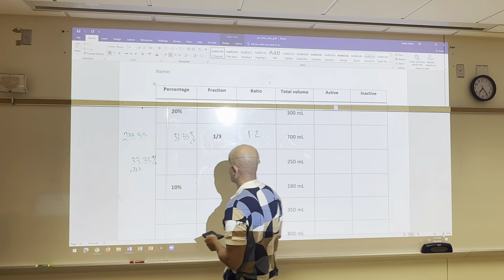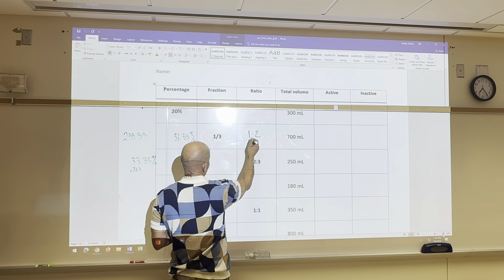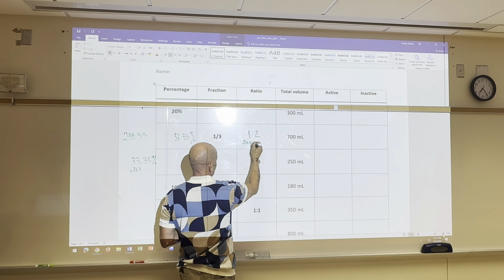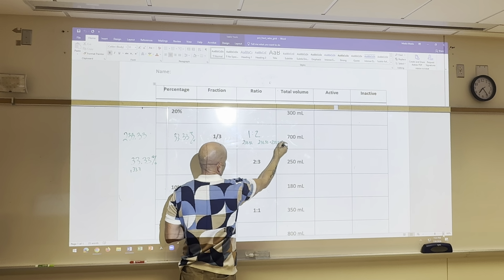So if we know this is active, here's our fraction, here's our ratio. When we know this is 233.33, right? This is going to be 233.33 plus 233.33 equals that.